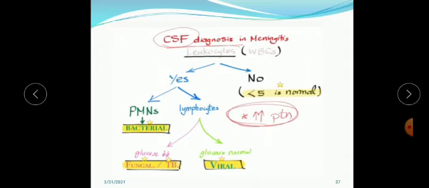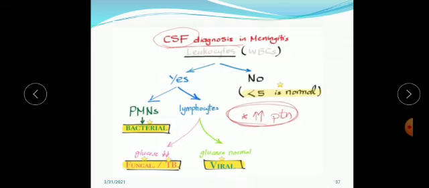So to conclude, while doing the CSF diagnostic for meningitis, first the leukocyte count should be looked at. Whenever there is an increase in leukocyte count, look for the differential count.